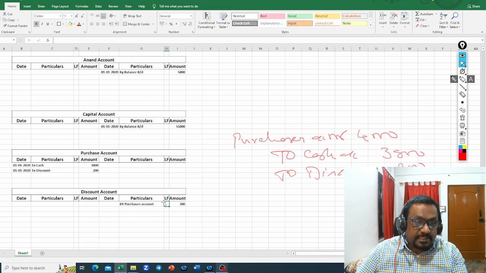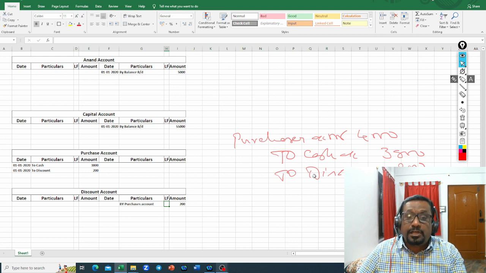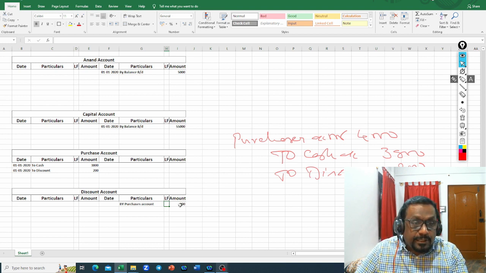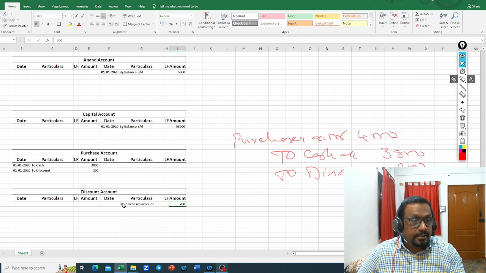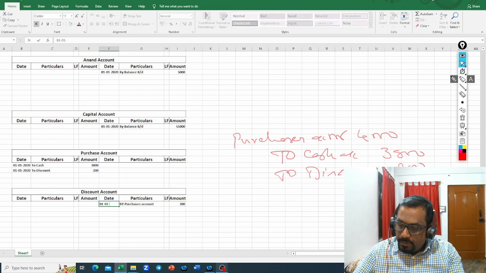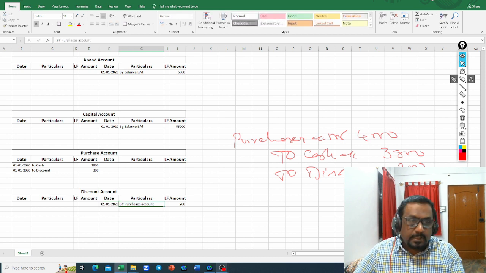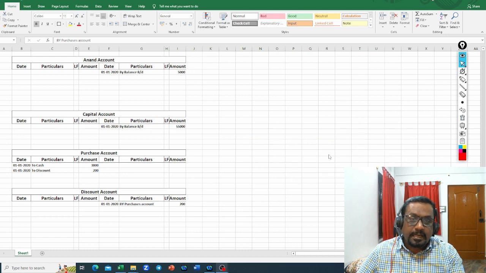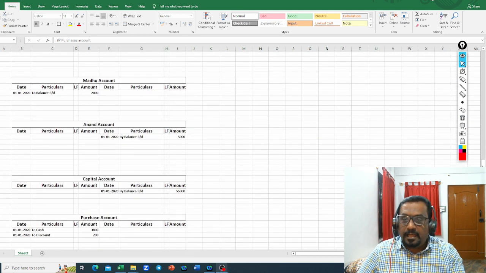Purchases. So by purchase account. But amount wise, whatever amount is mentioned opposite to the discount account should be mentioned here. That is 200. Then the date I am supposed to put here is 01/01/2020. That's all. So this transaction is over. Let us move on to the other transaction.